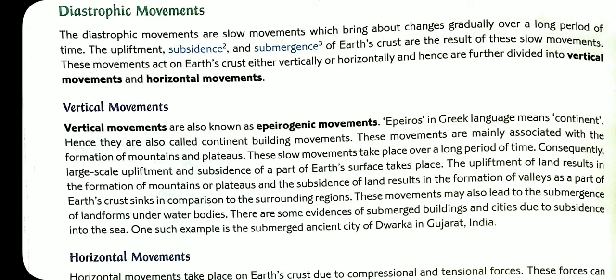These movements are mainly associated with the formation of mountains and plateaus. As a result of these movements, mainly the mountains and plateaus are formed. These slow movements take place over a long period of time. Consequently, large-scale upliftment and subsidence of a part of Earth's surface takes place.